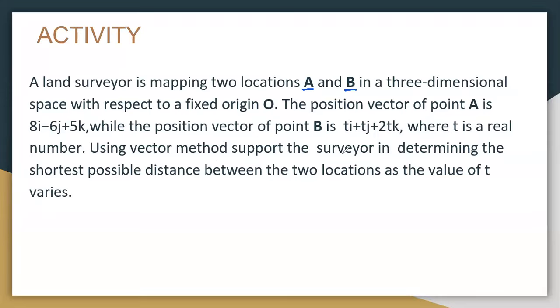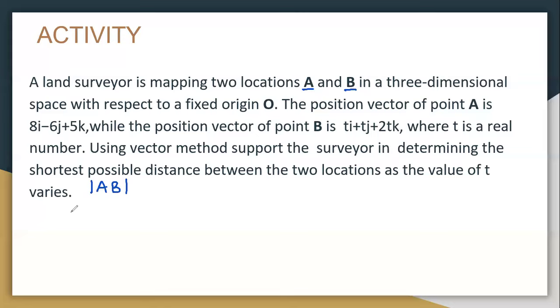Using a vector method supports the surveyor in determining the possible distance between the two locations. You have two locations, A and B, and now you want to know the minimum distance between the two points. In other words, here they are asking you to first find your AB. After getting AB, find the distance and then look out for the condition.